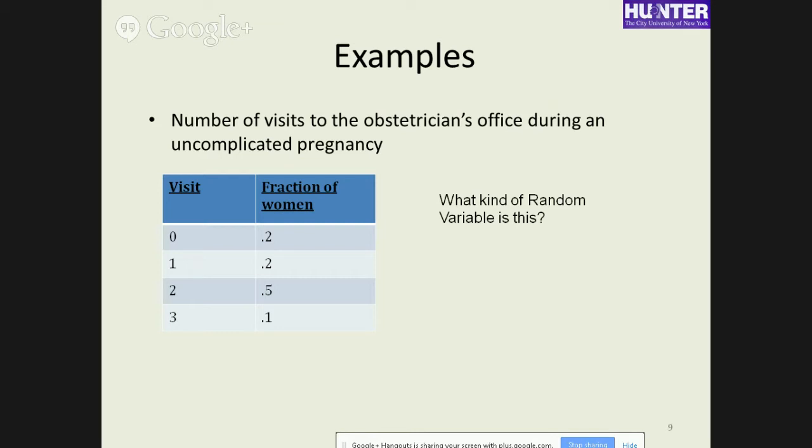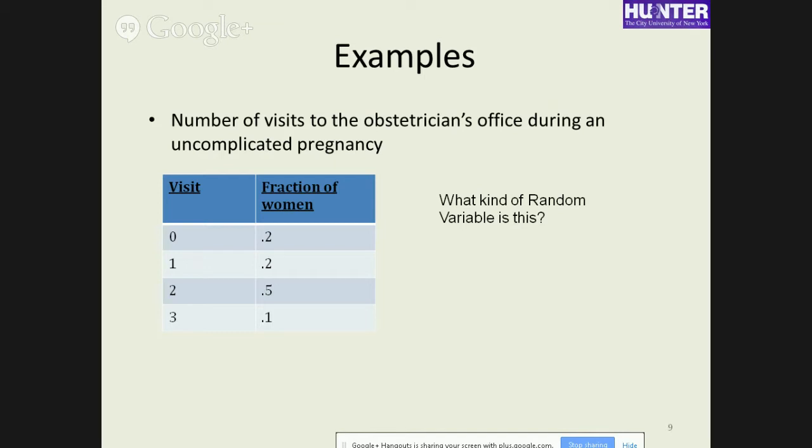When a new patient or a pregnant woman goes into an office, the office does not know how many times that individual will visit the office, but they have some idea based on past experiences, and they might use this information, this sort of prevalences of numbers of visits, to calculate if we have 100 new patients coming in each month, how many can we expect to come back in for visits over the next X number of years.